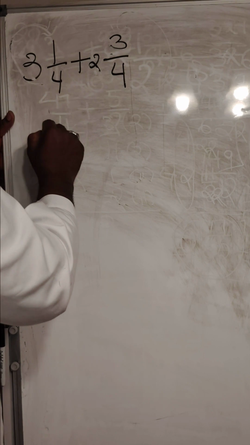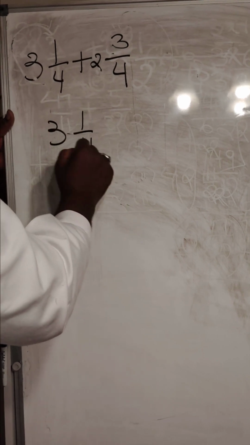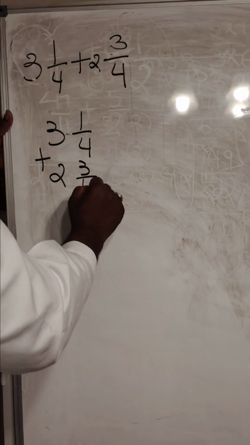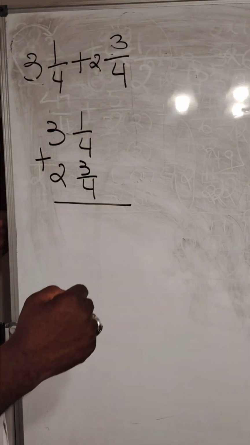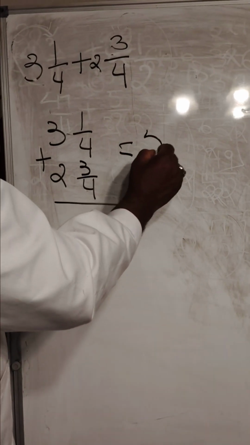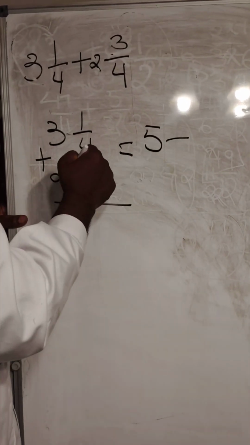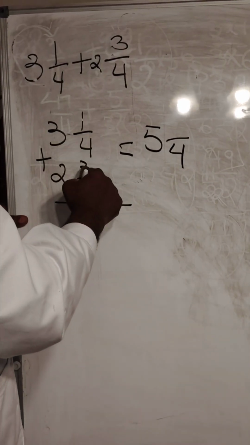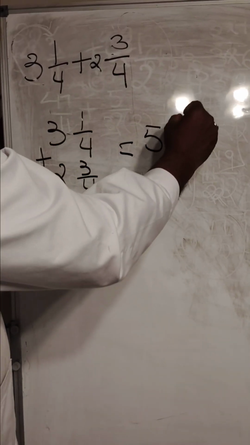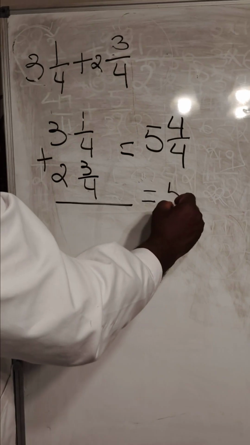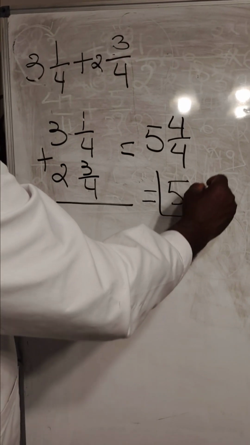So it's gonna be like this: 3, 1 over 4 plus 2, 3 over 4. Okay, so we will add only 3 and 2. We're gonna have a 5. Then we got 4 over there. Then you add 1 plus 3, that makes 4. So 4 over 4 is 1. So the answer right there is gonna be 5.